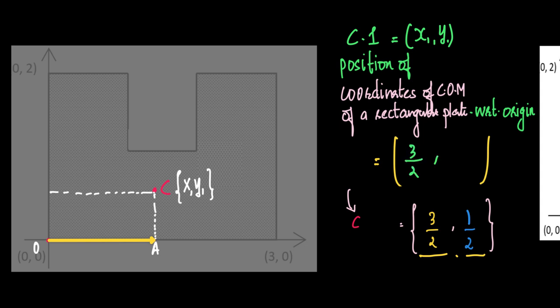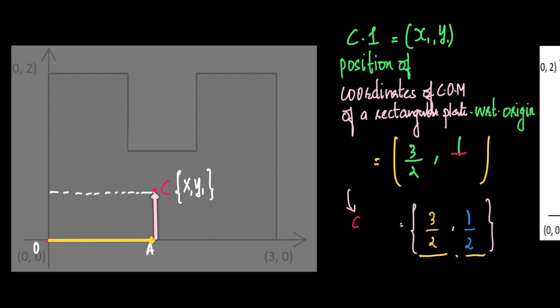Similarly, what is y1? y1 would be this distance, right? So y1 would be this distance, which is half of this height, which again is equal to 1 by 2.